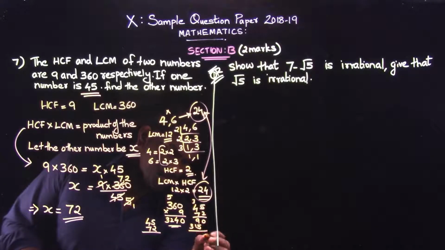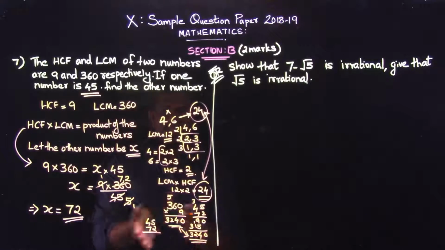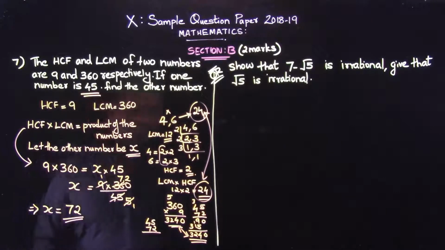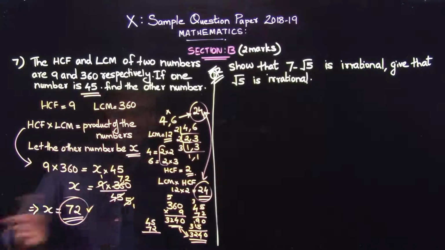Then this one is 0, 5's are 40, 1, 2, 3. So it hardly takes 1 minute more to check whether both the numbers are same or not. So here if you check it, both are the same. So your x value is correct. You can be very sure of getting the marks.